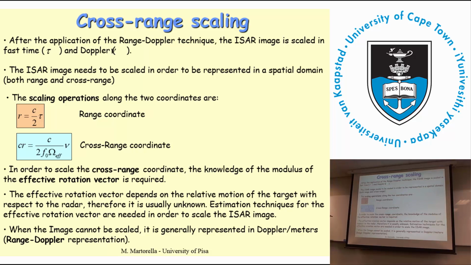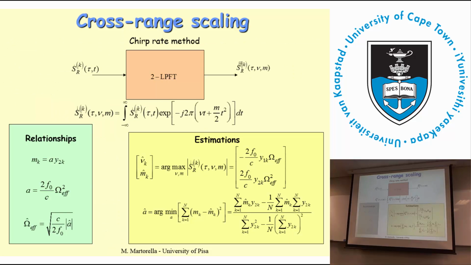The range scale is actually correct. The Doppler doesn't tell me where they are along the cross range, but the range is fixed. So that means that for each scatterer that I can see, I have the chirp rate through this, and the range through the position.